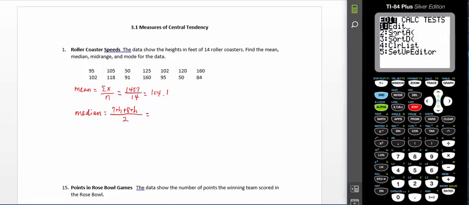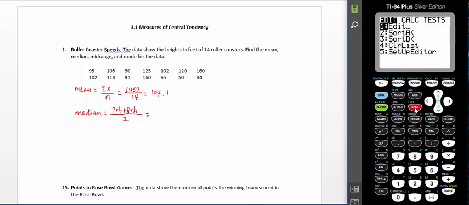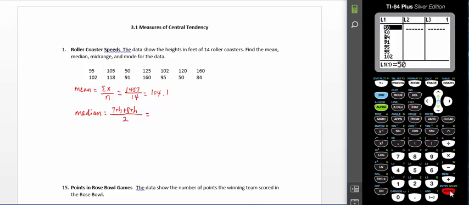Stat number 2, which is for SortA. A means ascending. So when I put in L1, I'm asking the calculator to sort the list in L1 in ascending order. Press enter, it says done. Going back to the list, all the numbers are now arranged in order.